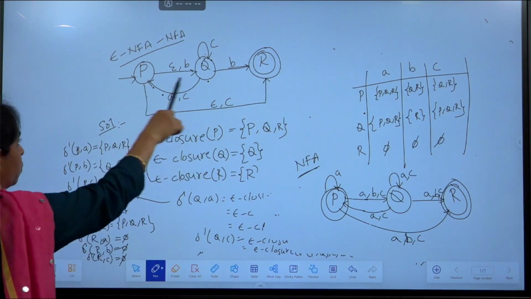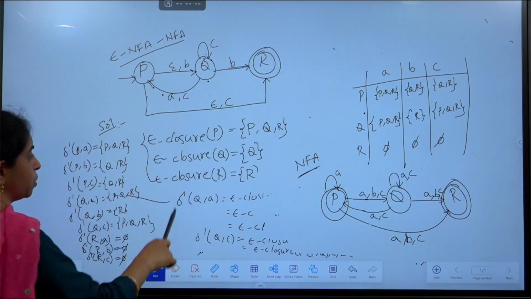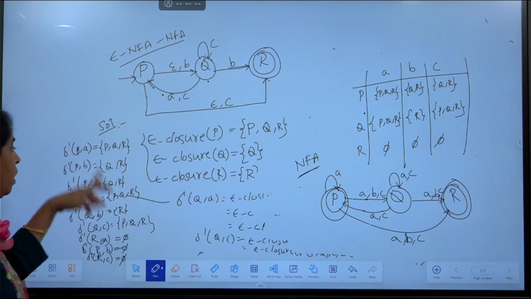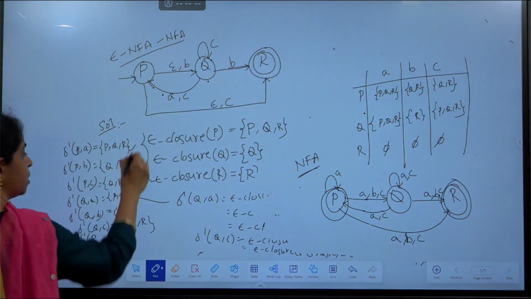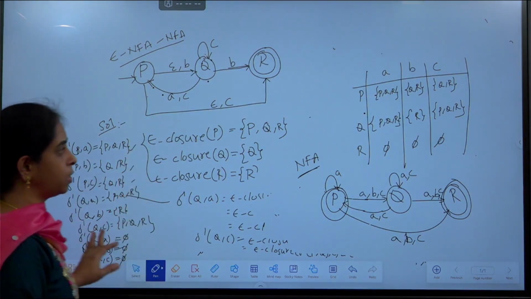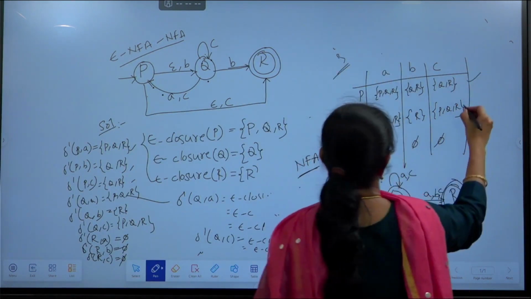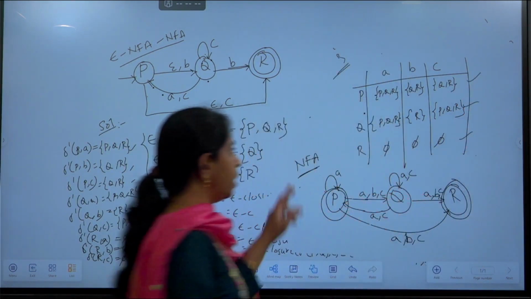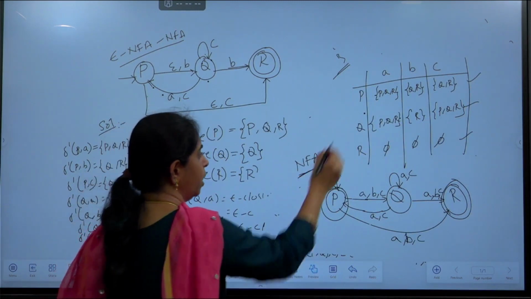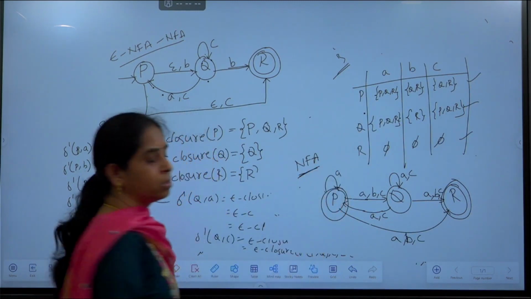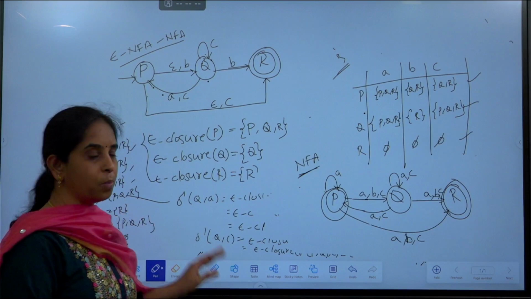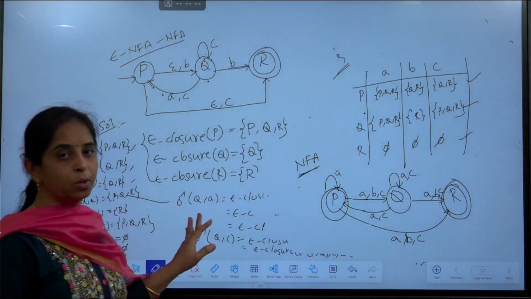From P, we have to find the indirect transition, applying the epsilon closure formula. So now we will get all these results. After finding step 2, we have to go with step 3. So taking the transition table, we have to draw the NFA based on this transition table. So that is about the conversion of epsilon NFA to NFA.